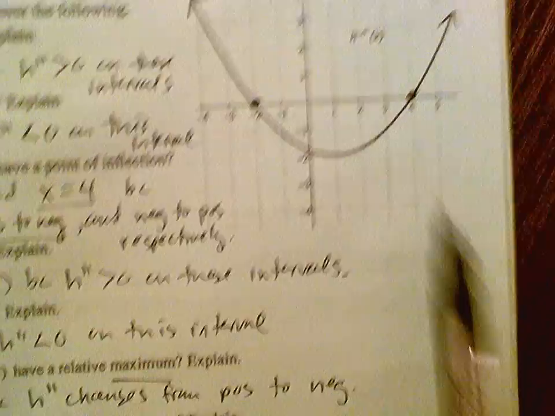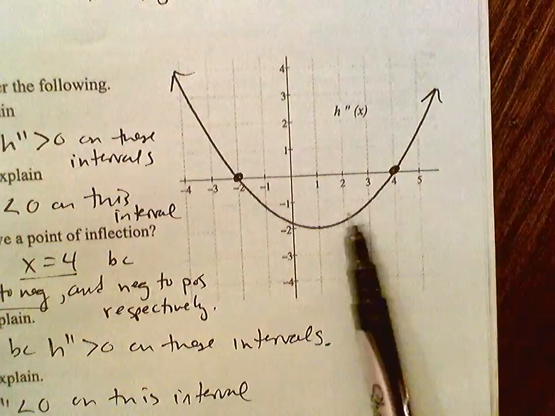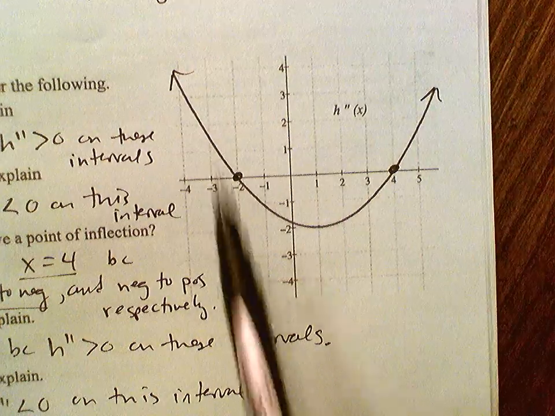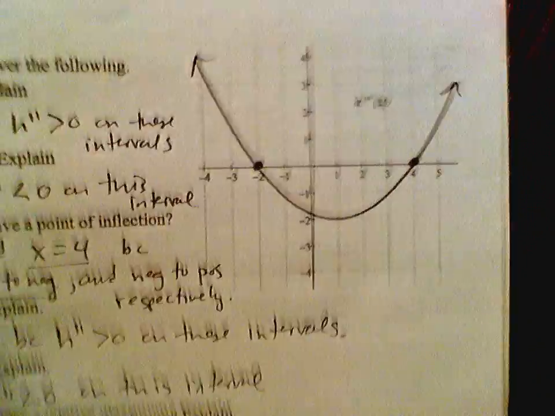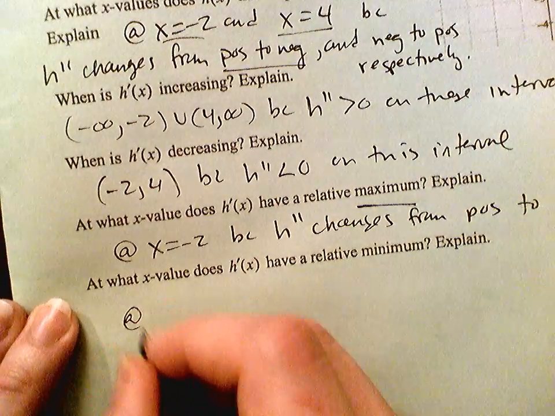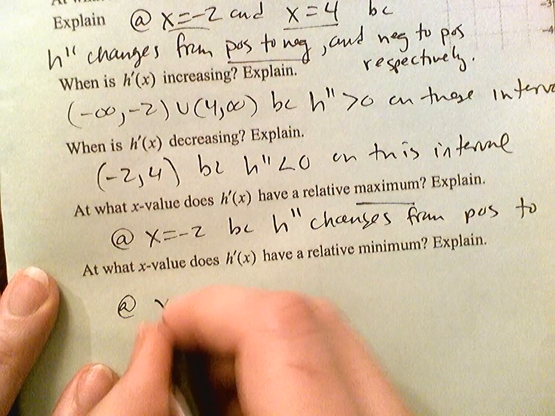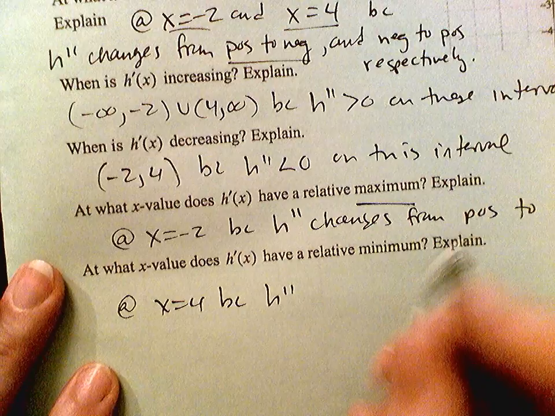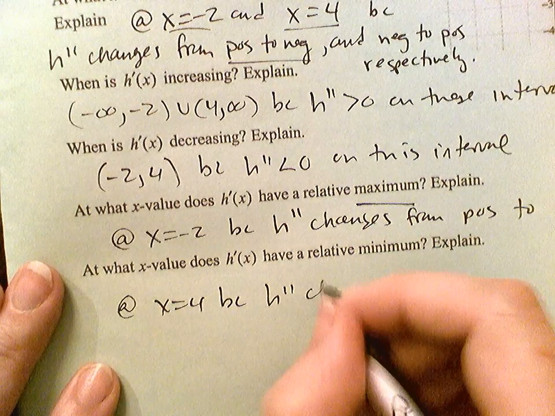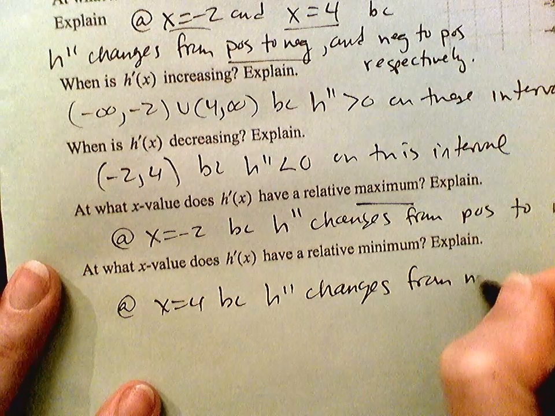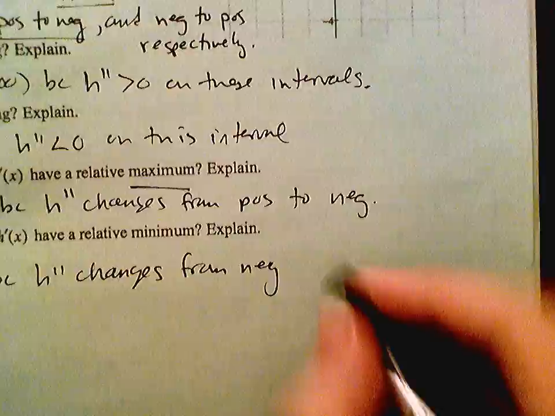The other sign change is happening here, and here we're going from below the x-axis to above, so from negative to positive. Negative to positive would give us a minimum. So at x equals 4, because h double prime changes from negative to positive.